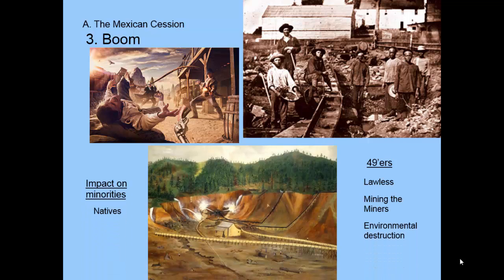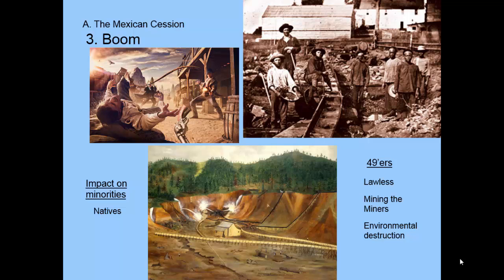Next, we see the impact of this California gold rush on minorities, specifically Native Americans. Now, when California was part of the Spanish Empire and then later part of Mexico, we know that Latinos, or descendants of the Spanish, first conquered the Indians, but then they didn't want to kill them anymore. They used them as laborers. They wanted to convert them to Catholicism.